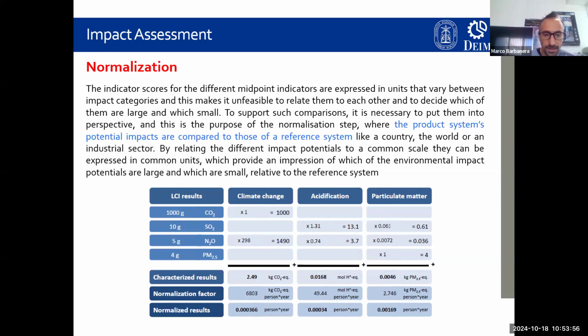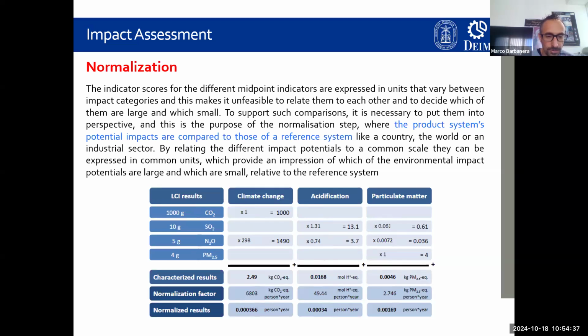So by this operation, we can convert characterized results into normalized results. For example, for climate change, if we divide 2.49 by 6,803 kilograms of CO2 equivalent per person per year, we obtain the final normalized result, 0.000366.